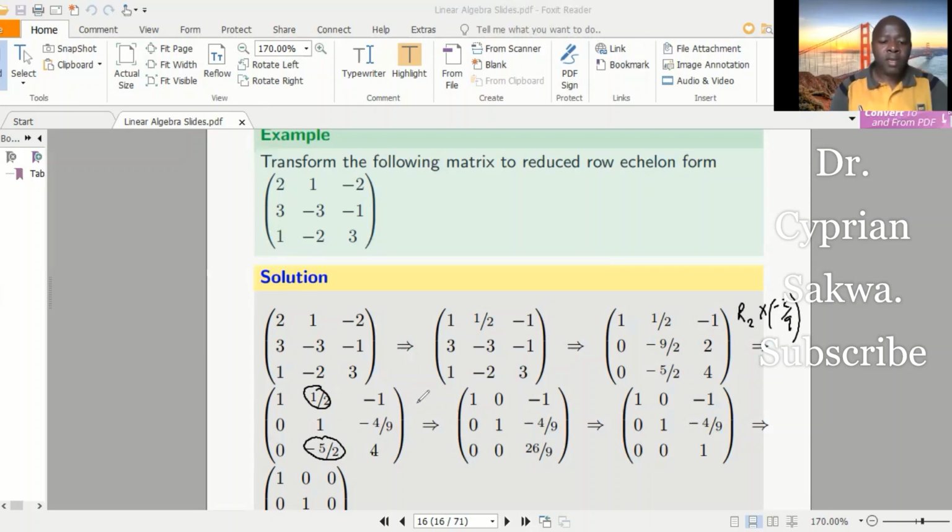I get that by taking row 1. And remember, I'm using this leading element. Every time you create a leading element, use it to create zeros elsewhere in the column. So row 1 minus a half of row 2.